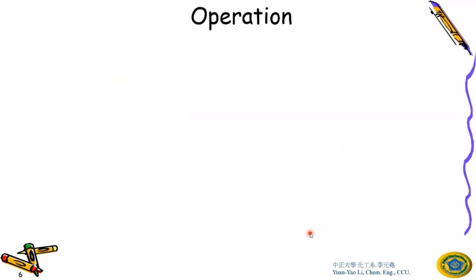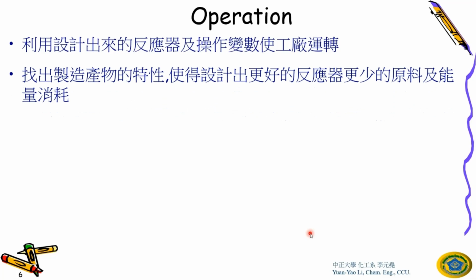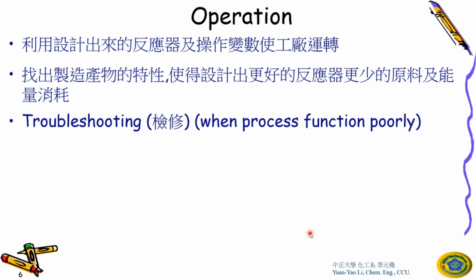After you finish all the designs, you do the operation and make it work. Then, if the process runs for a period of time, you need to maintain the machine or the process, and you need to do troubleshooting once you have a problem.